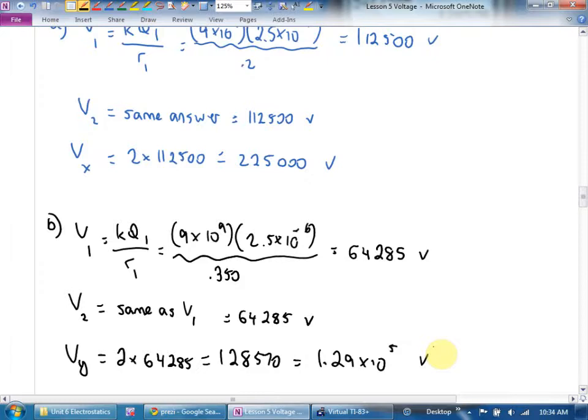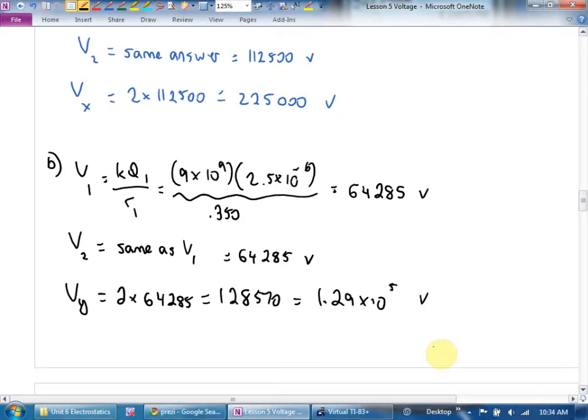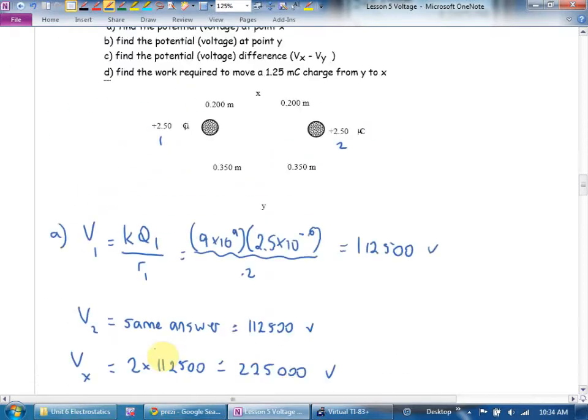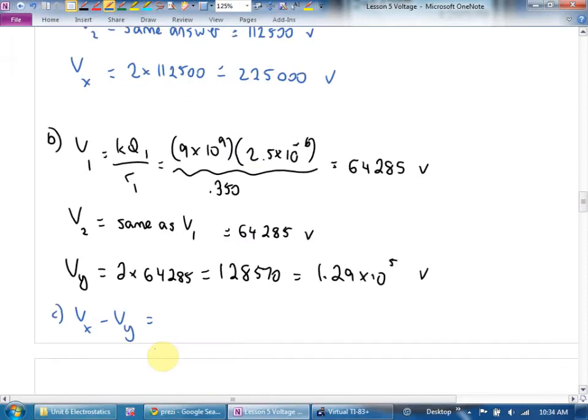Tyler, what does part C want us to find? By the way, what this really is, is change in voltage. What's change in anything? What's my initial location according to part D?